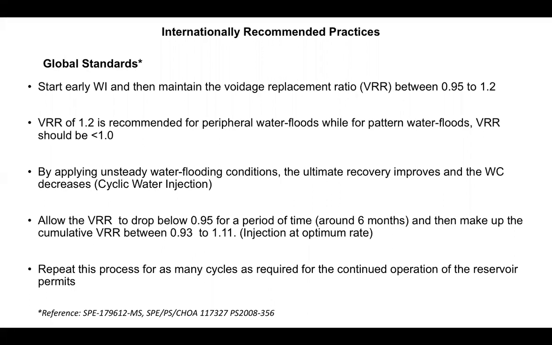With this cyclic injection, we have found that the ultimate recovery improves in the producer wells, because by controlling the water produced, we are producing more oil, and thereby the recovery also increases. There is no theoretical proof, but it is something that is recommended. People are doing it in the industry across the globe, and it really helps rather than having a continued water flood 365 days. Cycling water injection is beneficial.